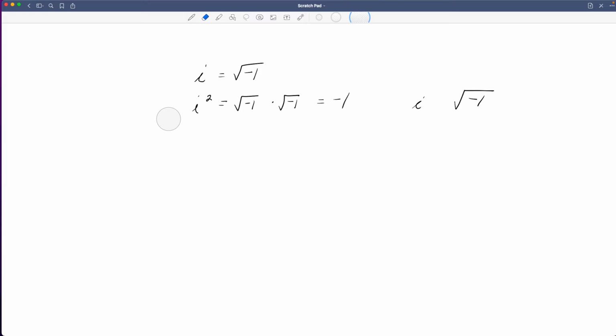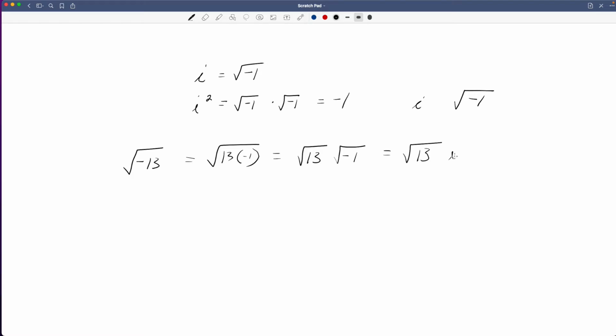All right, so let's look at an illustration of this. If I had the square root of negative 13, I could factor that out and say the square root of 13 times negative 1, which we know we can break down into the square root of 13 times the square root of negative 1, which would be the same thing as the square root of 13 i.